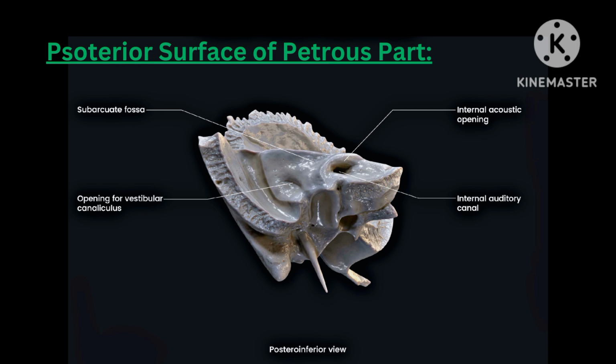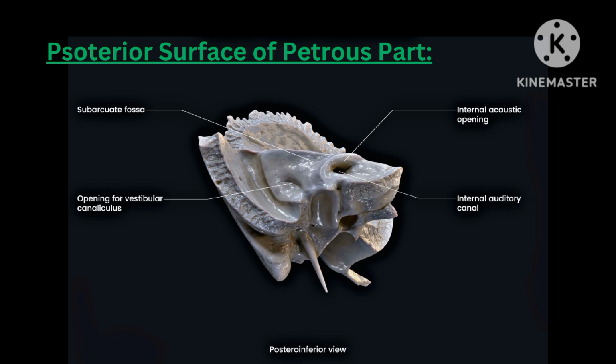A horizontal ridge called the falciform crescent divides the internal auditory canal into superior and inferior portions. The facial nerve and the superior vestibular nerve go in the superior portion of the canal. The cochlear nerve and inferior vestibular nerve run inferior to the falciform crescent with the cochlear nerve situated more anteriorly.